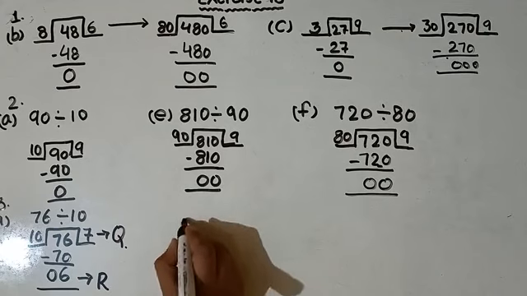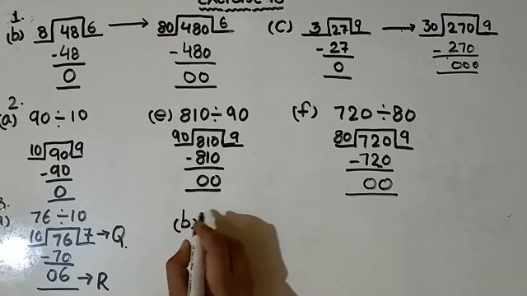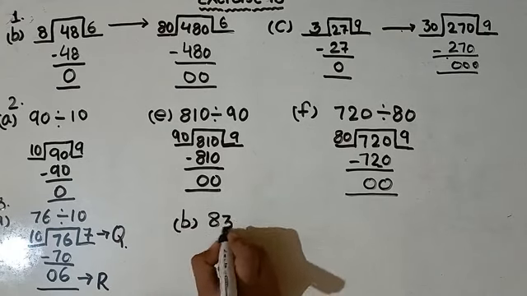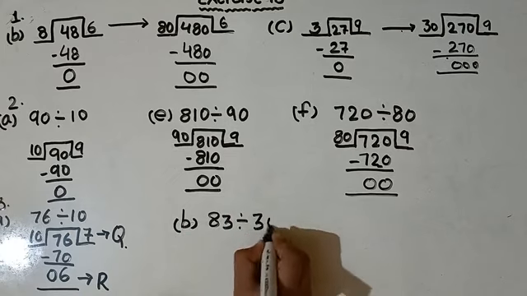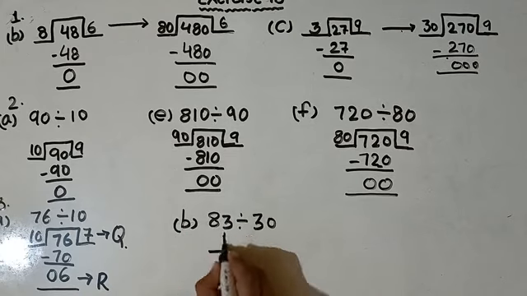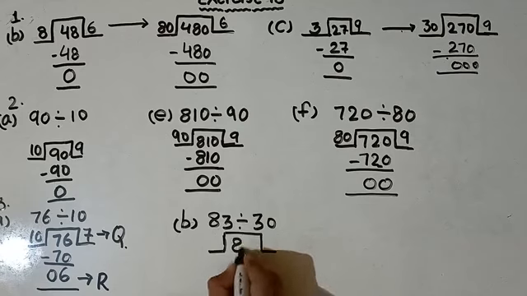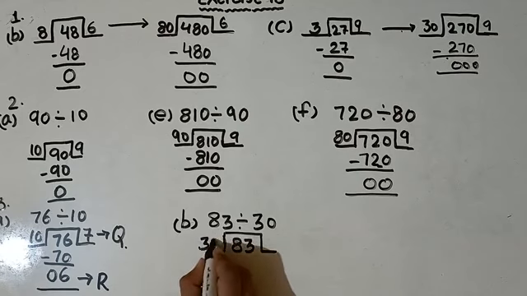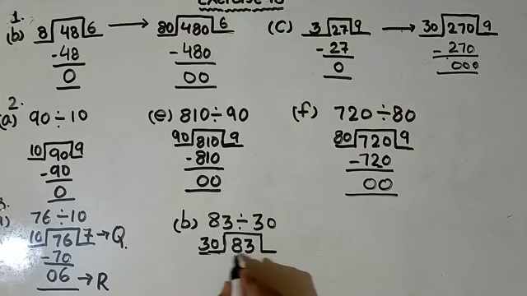Now B part, 83 divided by 30. Here we have 83, here we have 30. Okay, so now see, here we have 80. So 3 ones are 30, 3 twos are 60. So here we will take 60 because 3 threes are 90.